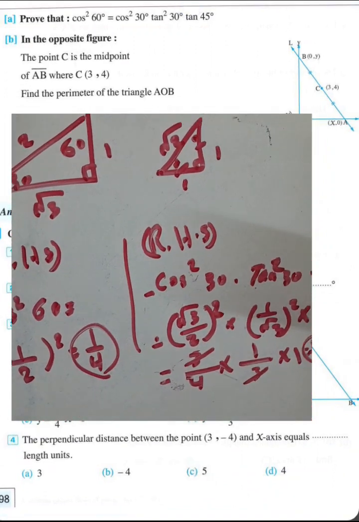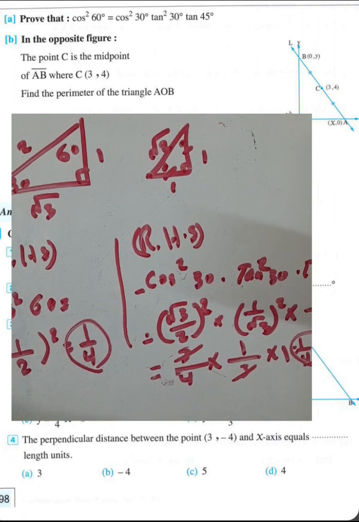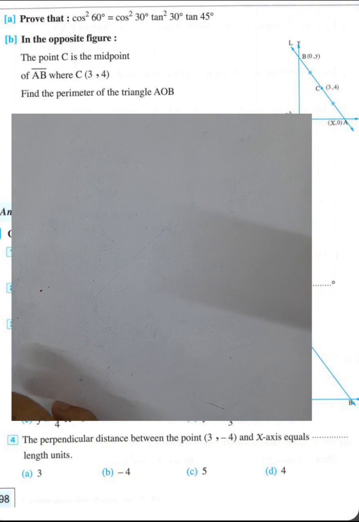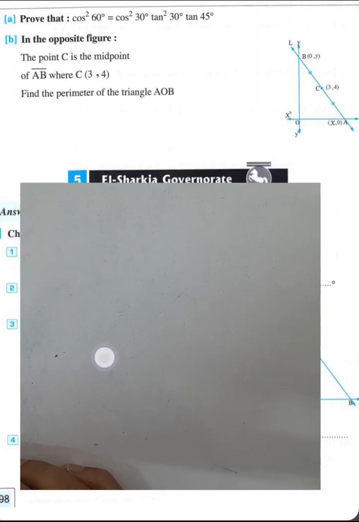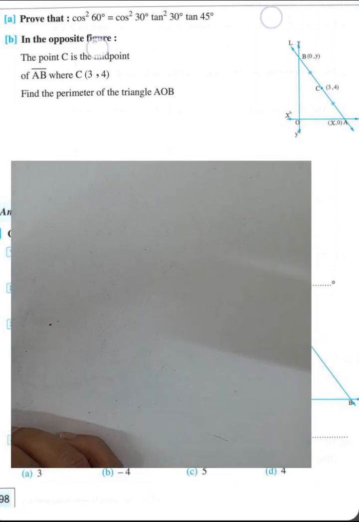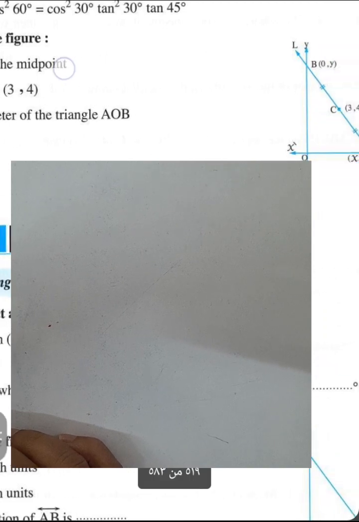Pay attention with me. Here we have a straight line. This straight line passes through two points, and you want to find the perimeter of the triangle here.